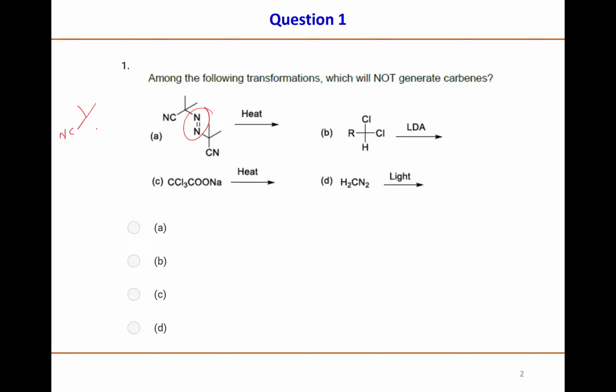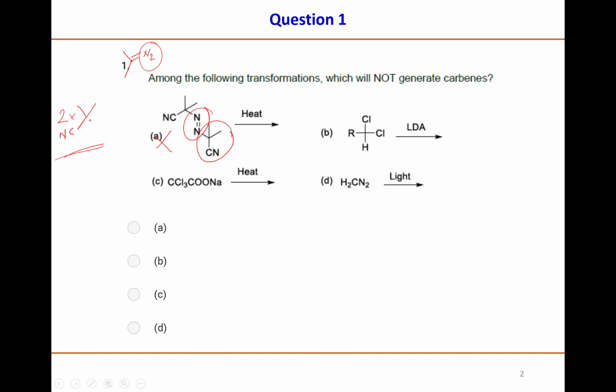It will get generated, and when these two are the same fragments, we will have 2 radical fragments generated here. We all know that a diazo compound leads to formation of carbene, but in which case? When it is on a terminal position, or the diazo is attached to only one carbon. But here we have this diazo which is attached to both carbons, so that's why it will form the radical one, not the carbene. So this option is eliminated, right?